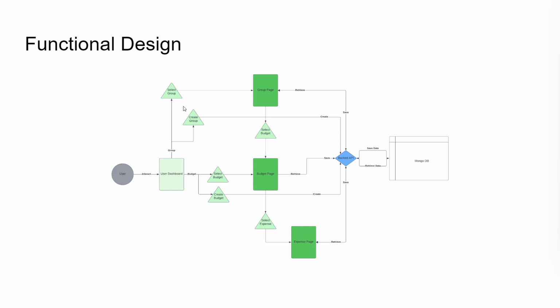Upon viewing the page, it requests the backend to retrieve information about the group that they are viewing. Then, if they so desire, they can save any changes they made on the group page to save any new information about the group to the database. In the group page, they can also select a budget to view and manage, which is similar to the user dashboard where they can select an existing budget or create a new budget to view and manage.